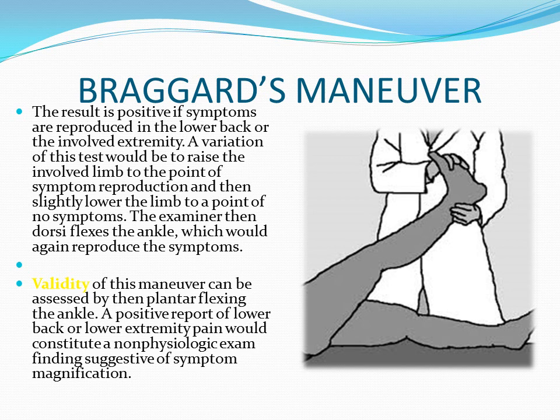So with Bragard's maneuver, the result is positive if symptoms are reproduced in the lower back or in the involved lower extremity, especially down into the calf and foot. Now, imagine your examinee reports radiculopathy symptoms with the application of Bragard's maneuver.